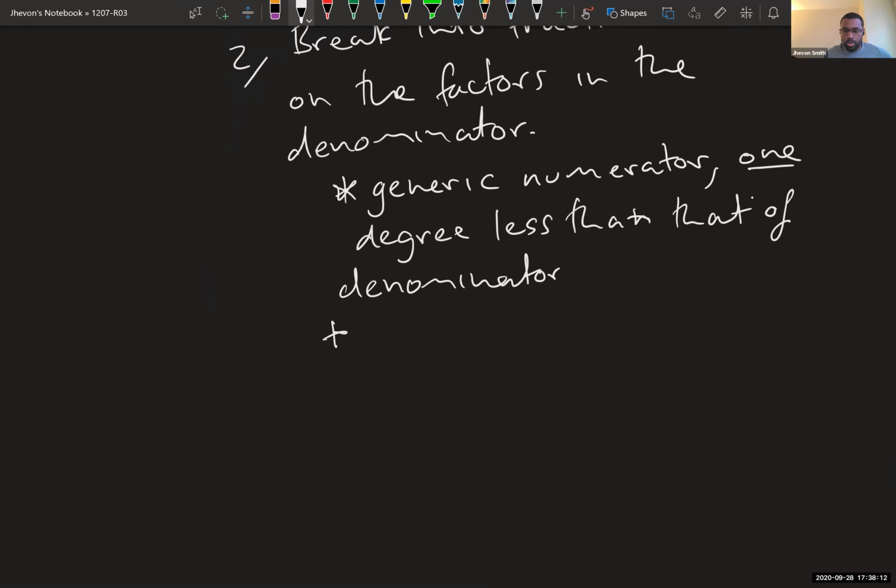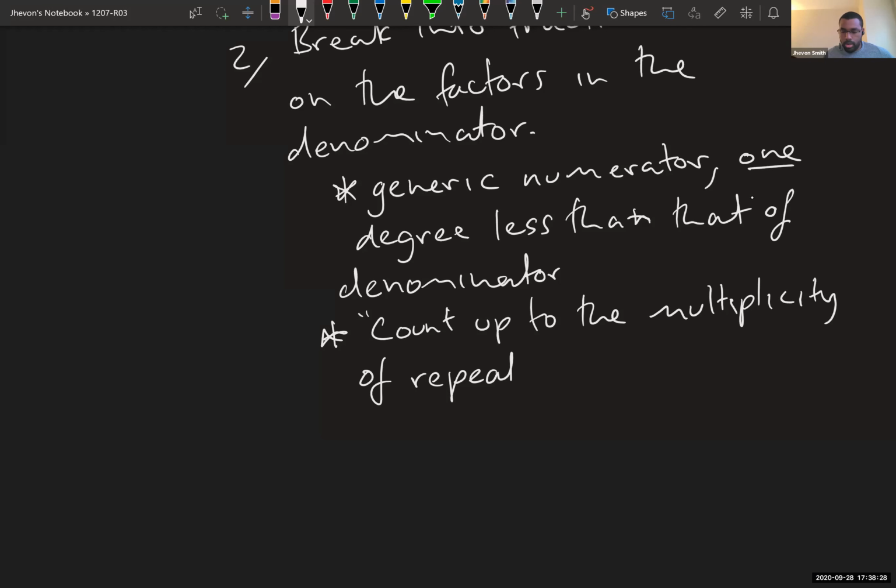And two, you have to count up to repeated factors. Count up to the multiplicity of repeated factors.